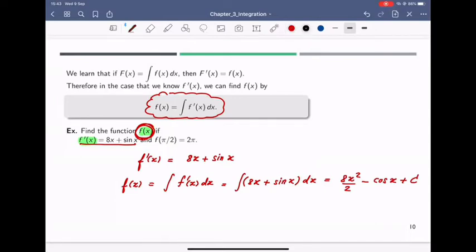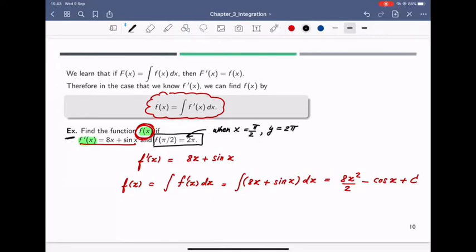Well, the thing is that your c is going to be your arbitrary constant. However, sometimes the initial condition is given. So if the initial condition is given, you can solve for the value of c. For this question, I give you an initial condition f of pi over 2 equal to 2 pi. That means when x equal to pi over 2, y equal to 2 pi.